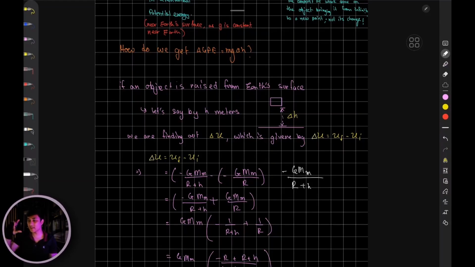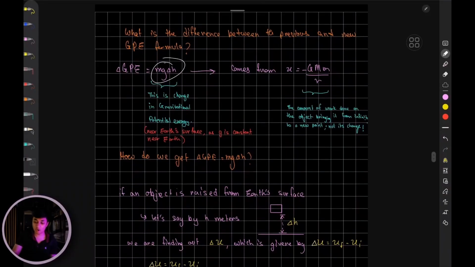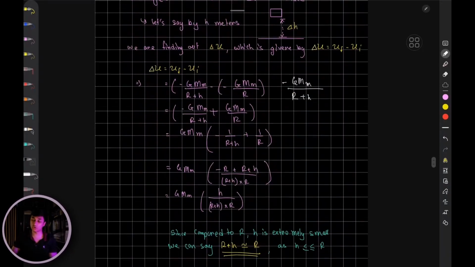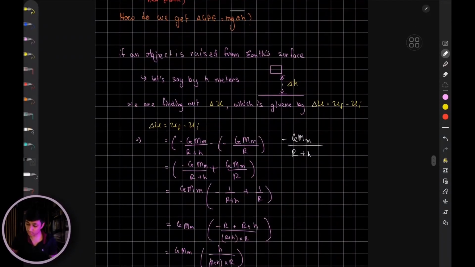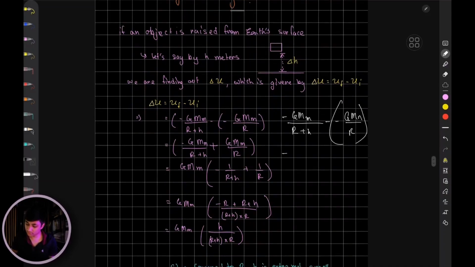Meaning this change in height is actually quite small compared to the radius of Earth, because in this formula we're considering g to be a constant. Therefore, taking that into account, let's continue. That is final minus initial. So the initial will also have another minus sign, GMm by r, right?